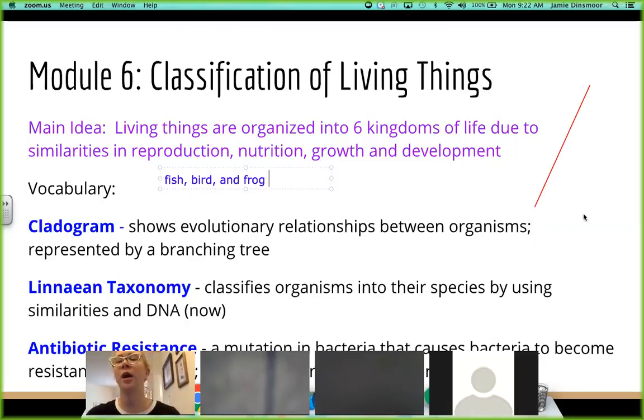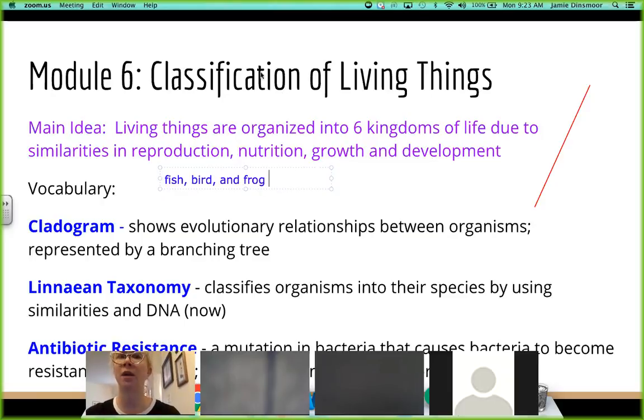And we want to figure out how to organize these things on a cladogram. Well, if we think about it, right, birds and frogs both have legs, right? Fish don't. Okay, so fish are kind of separate in that they don't have legs. Birds have feathers, right? Do fish or frogs have feathers? No. Frogs have kind of similar skin to fish, right?